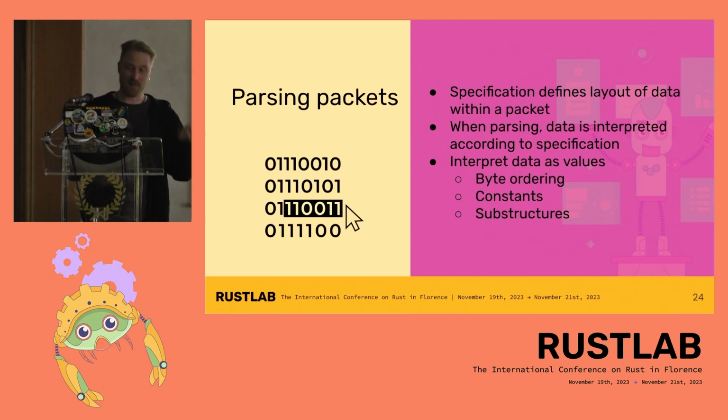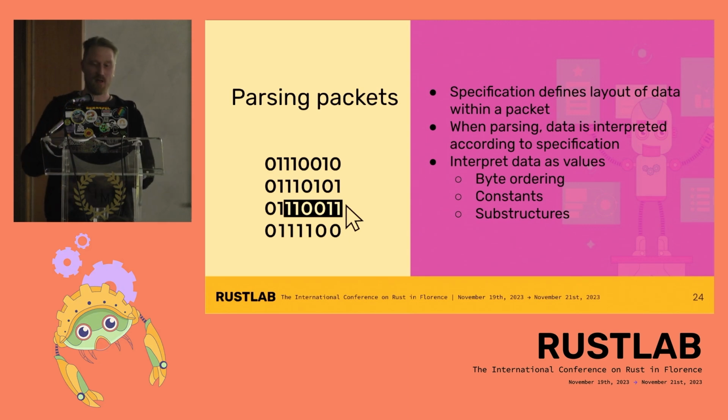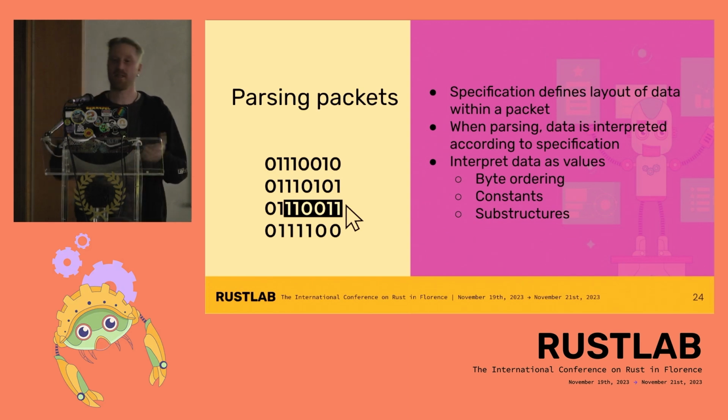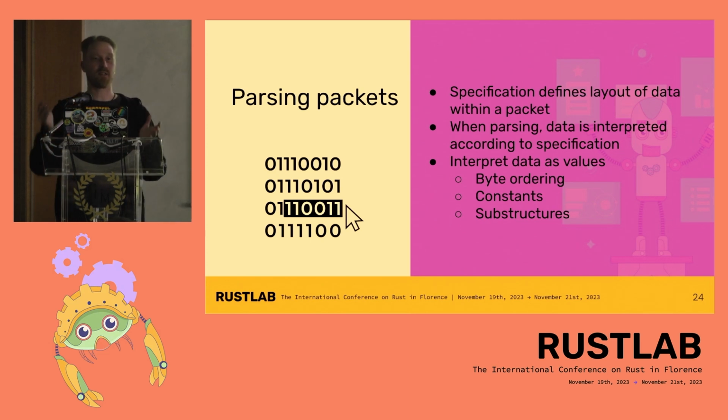There's a lot of things to consider. There are byte values, there are multi-byte values where you need to know what the byte ordering is for the data. There will be constants, like there are some type fields which are interpreted as an integer but have a limited set of values that are acceptable, and the rest of the values are not. You need to validate those values, so that whenever you are parsing data, no one is sending invalid values there.